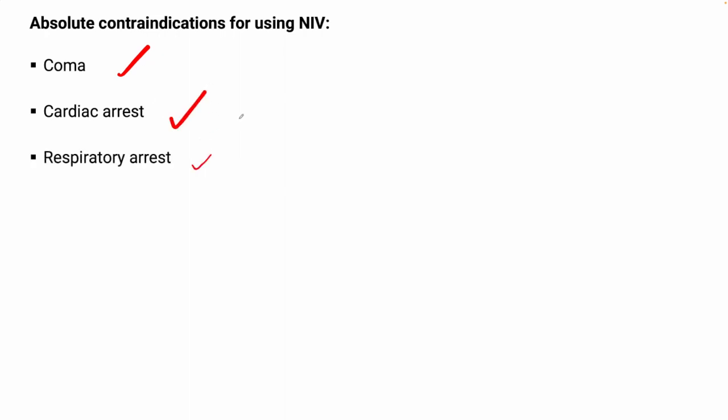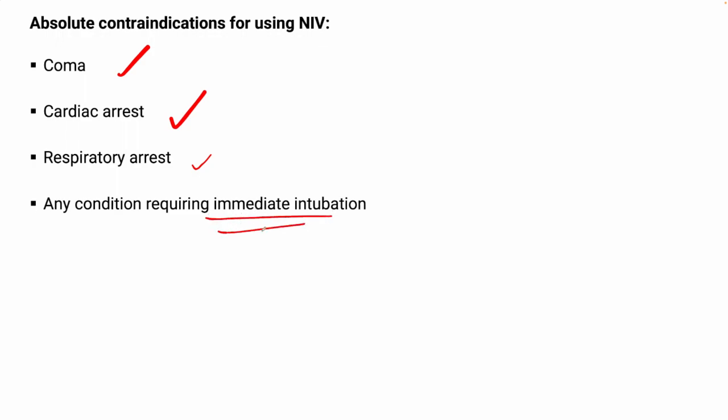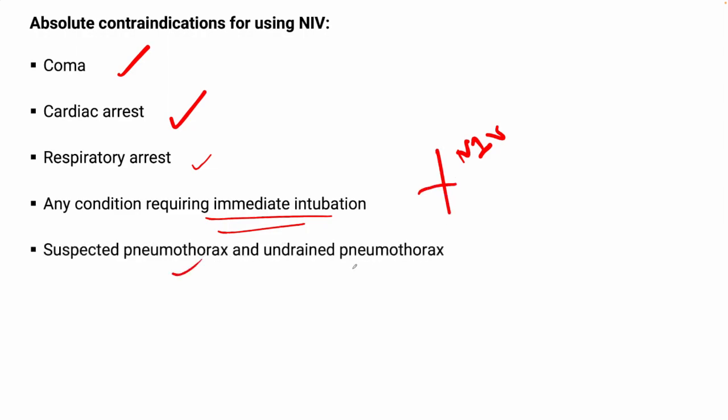Now what are the contraindications, that is, in which conditions you should not give NIV? One is coma, another is cardiac arrest, respiratory arrest, and any condition which requires immediate intubation. At that time you cannot prefer NIV. And suspected or undiagnosed pneumothorax.